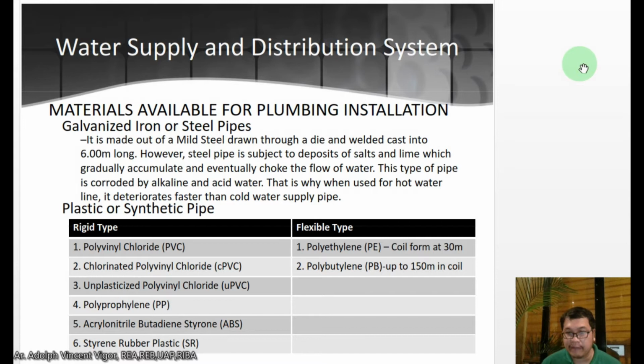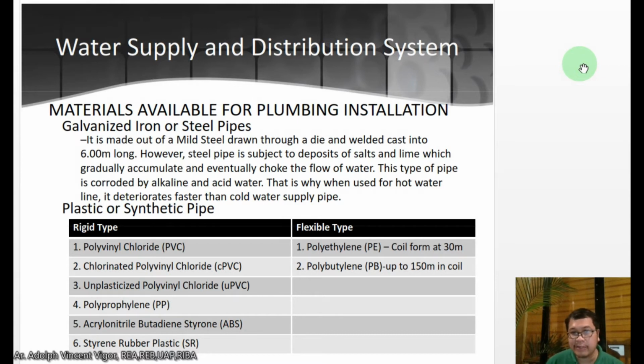First is you have the PVC or the polyvinyl chloride. Then we have a UPVC, a CPVC or chlorinated polyvinyl chloride. Then we have the unplasticized polyvinyl chloride. Then we have the polypropylene. Then we have the ABS or acrylonitrile butadiene styrene. Then we have the styrene rubber plastic.